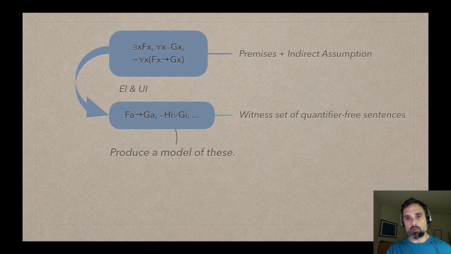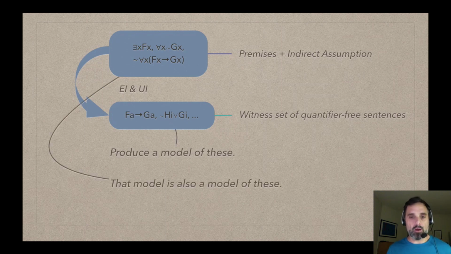We make a model of the quantifier-free sentences, and that is thereby a model of the original premises and indirect assumption, and that is a model that demonstrates the original argument's invalidity. So I'll do some examples of this, actually using the derivation and invalidity modules, in a separate video.